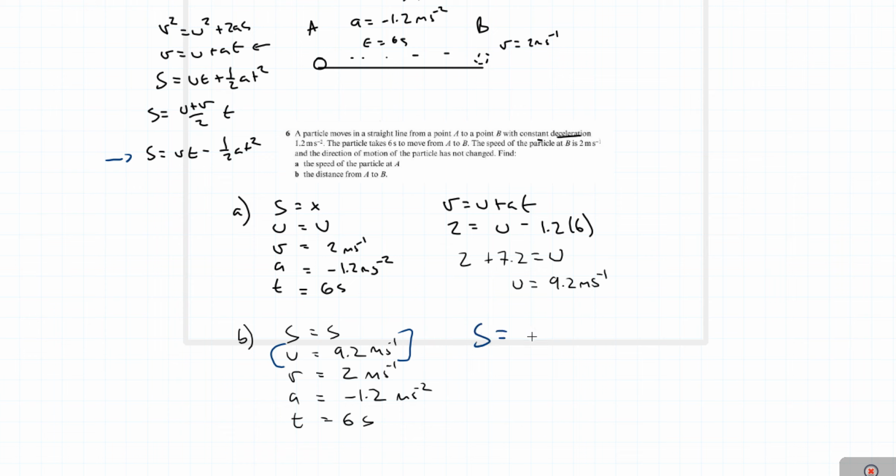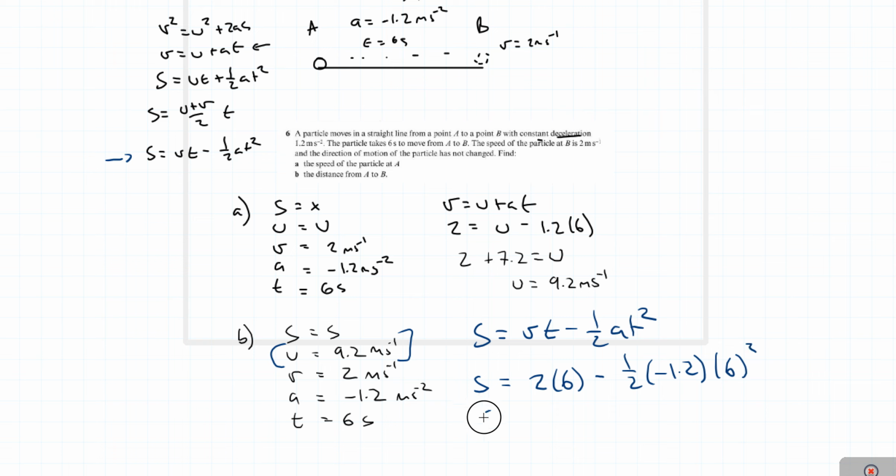So s is equal to vt minus half at squared. Here we're going to plug in, so s is equal to 2 times 6 minus a half times minus 1.2 times 6 squared. So s is equal to 12, and then we plug in a half times minus 1.2 times 6 squared, which gives us an answer of minus 21.6.